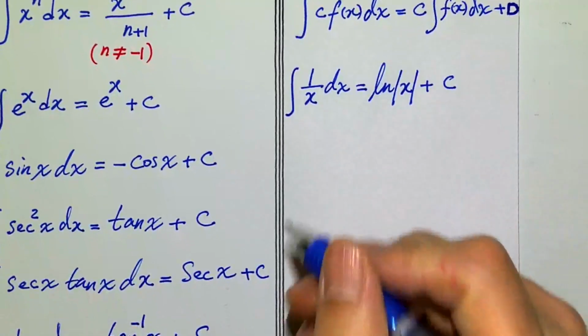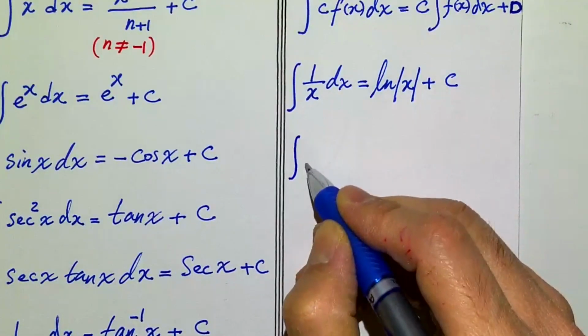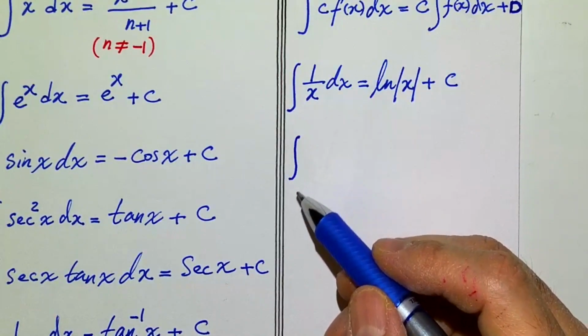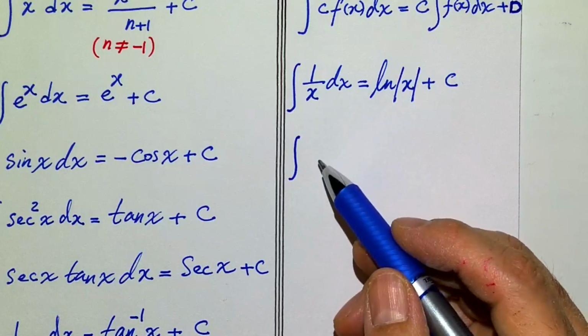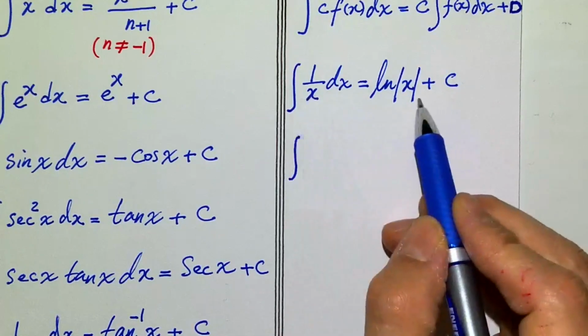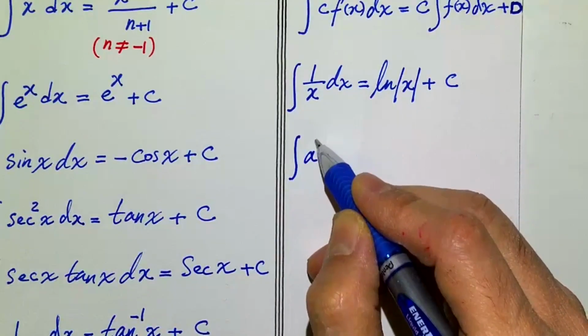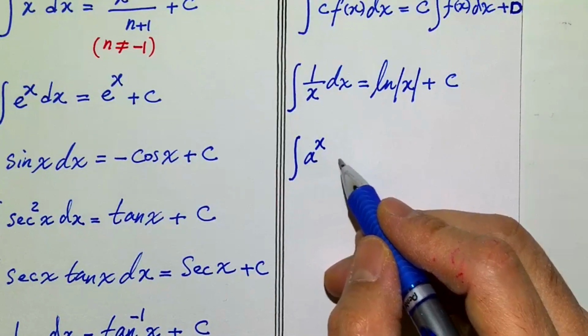All right, so here is another very, very useful integral. These are the most common integrals that you come across in Calculus 2 as well, but some of them you encounter a lot more than the others. That's one of them, and here's another one which you come across a lot, especially in Calculus 3 as well as Calculus 2.